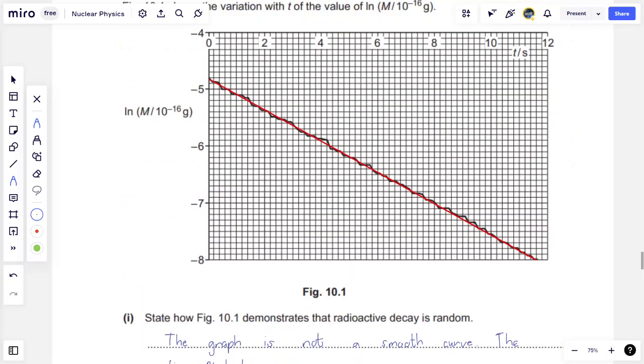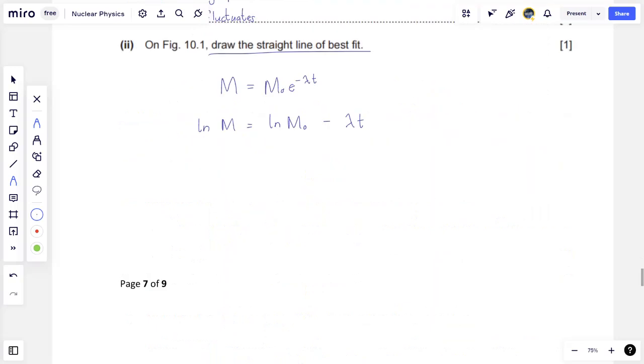I've got the log of m on the y-axis, and I've got the time t on the x-axis. Remember, the form of a straight line is y equals mx plus c.